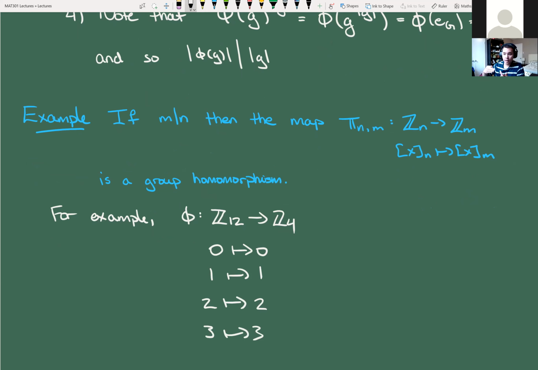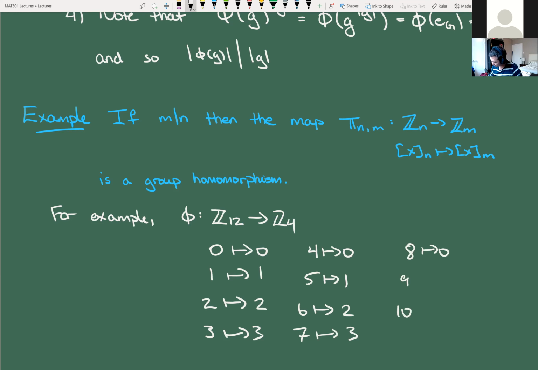Nothing crazy. But now we're going to repeat the cycle. We take 4 to 0, 5 to 1, 6 maps to 2. Do you see what I'm doing here? 6 in Z12, I'm now going to reduce modulo 4, so 6 becomes 2.